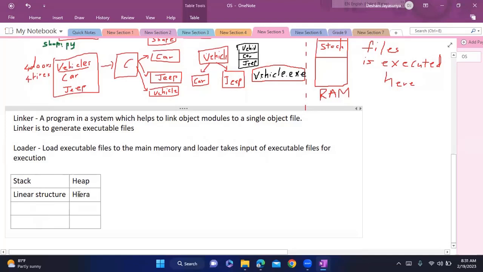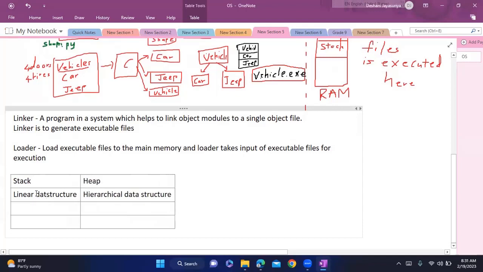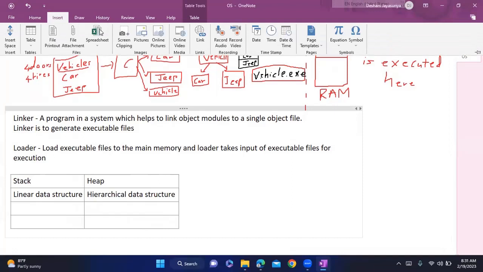I'll tell you what's the difference between hierarchical and linear. Hierarchical means the way that the data, the executable files, will be stored is in a hierarchy. So hierarchy means like this way.